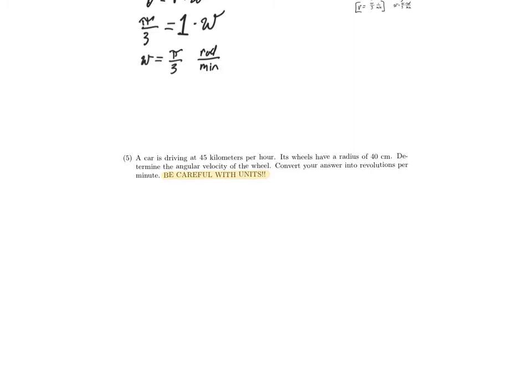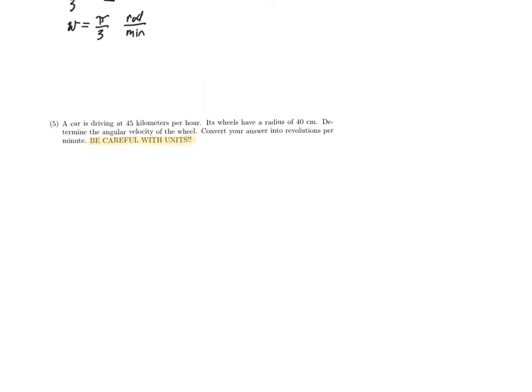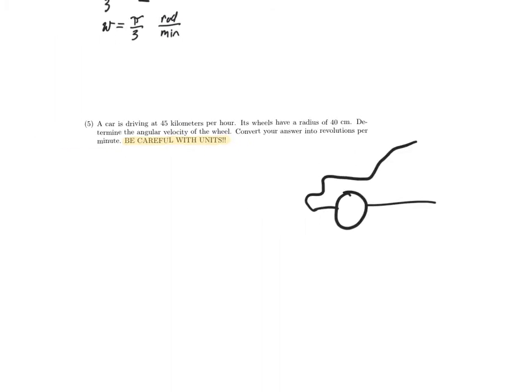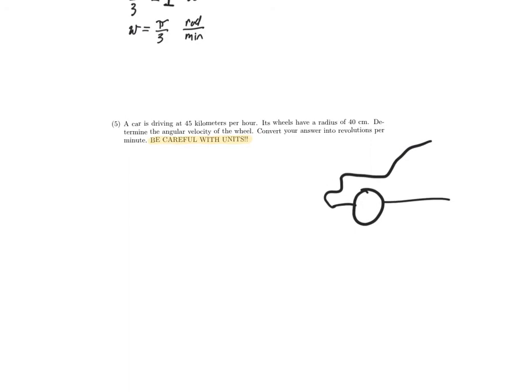So the car is driving 45 kilometers per hour. Let's draw a not very good picture of this situation. So there's the wheel. Just draw the front half of the car. It's driving forward at 45 kilometers per hour. Now, as you might know about cars, the thing that pushes a car forward is the fact that its wheel spins around.